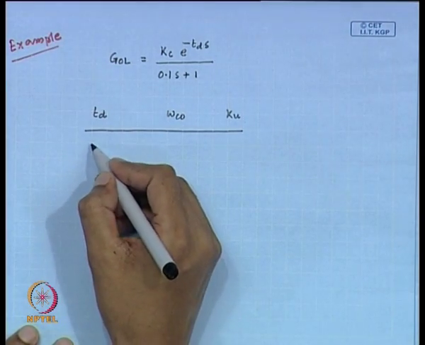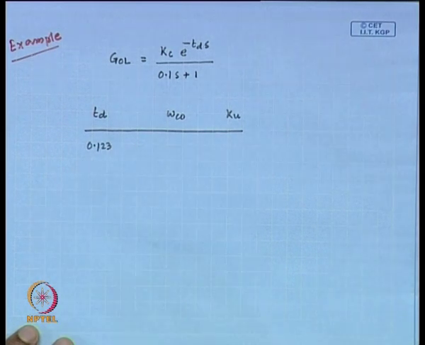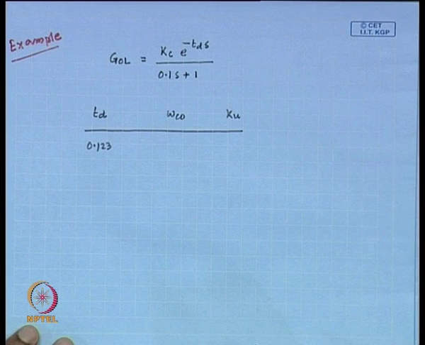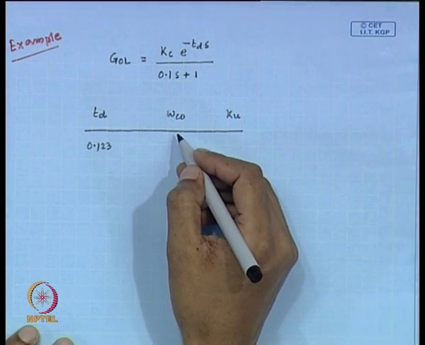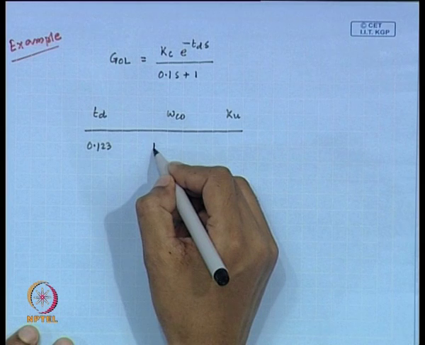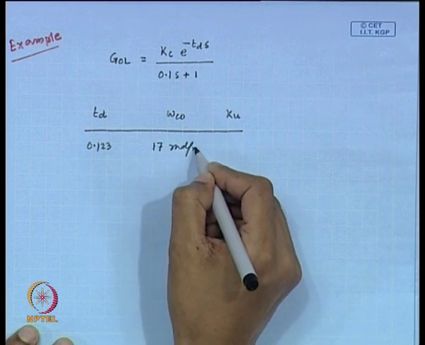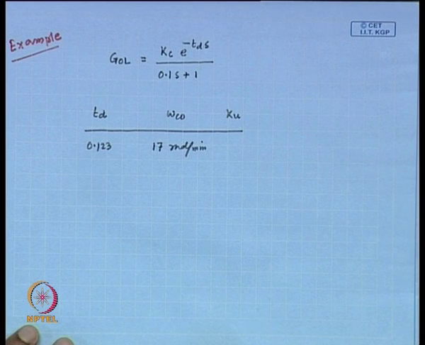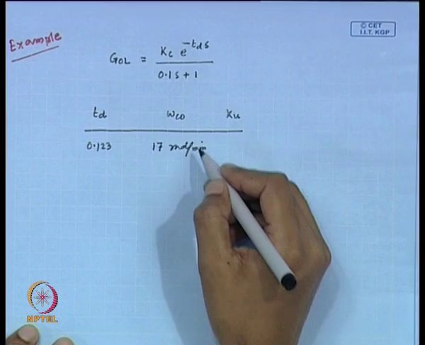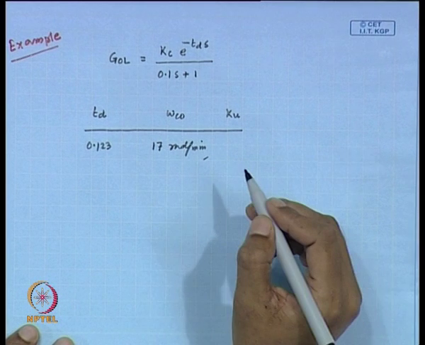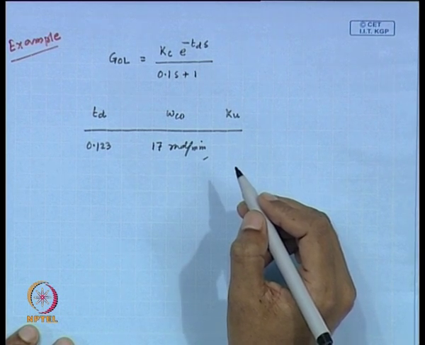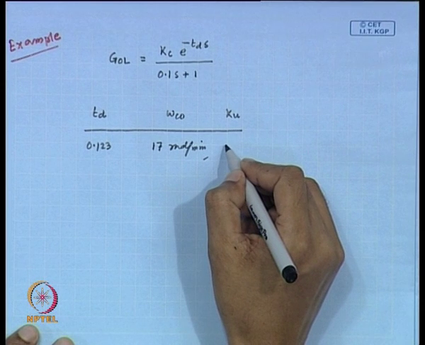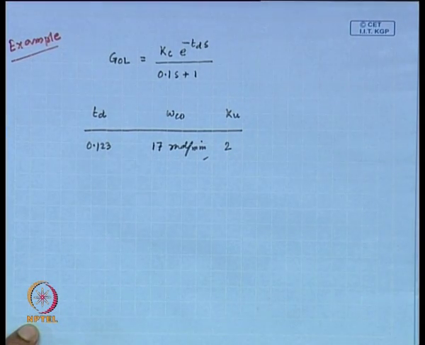If Td is 0.123 minute, which we considered earlier, we can easily calculate the crossover frequency, 17 radian per minute. This we can calculate, and the corresponding ultimate gain is 2. Fine.